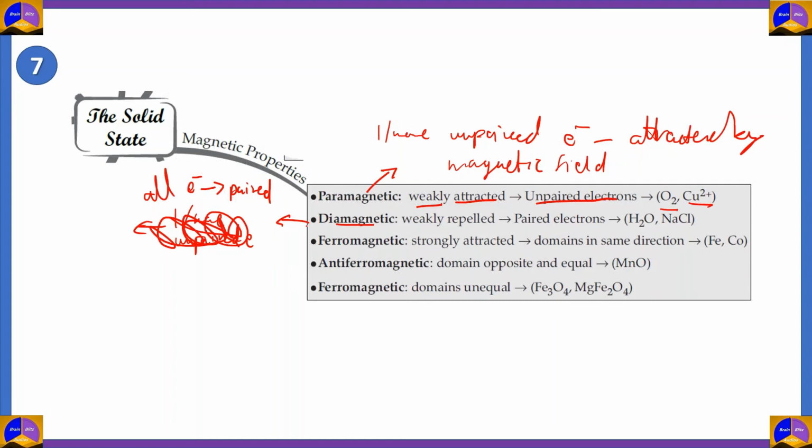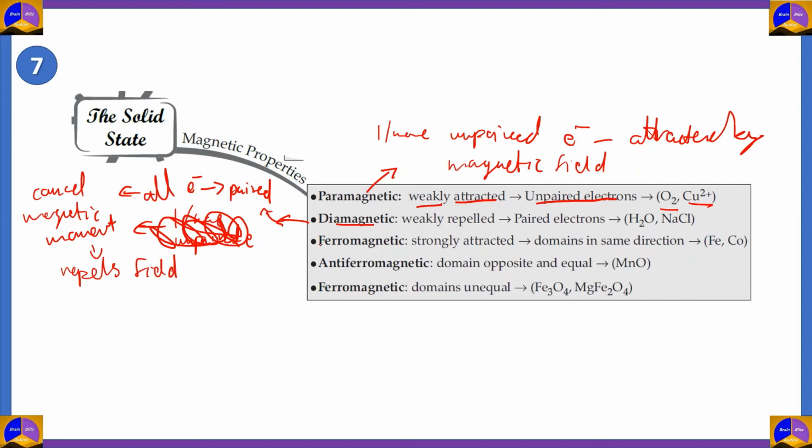So in diamagnetic substances, all of the electrons are paired, so the magnetic moments due to the electrons cancel. The diamagnetic substance now repels the magnetic field.